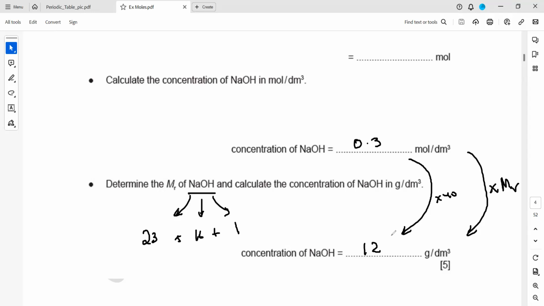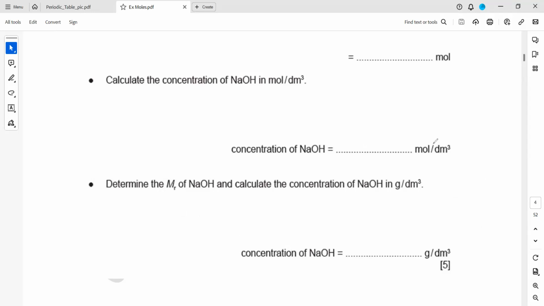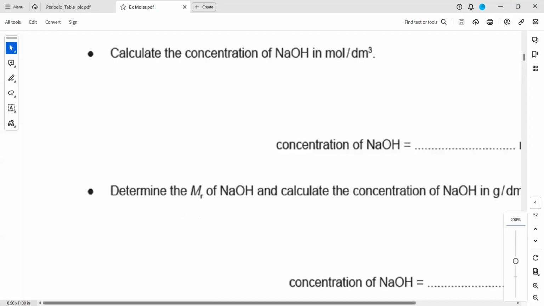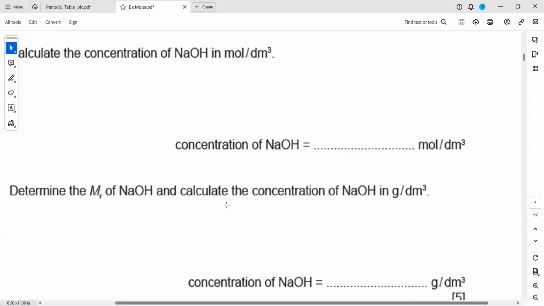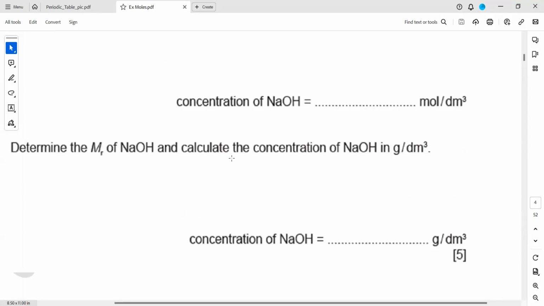The rule is you multiply by the molar mass.